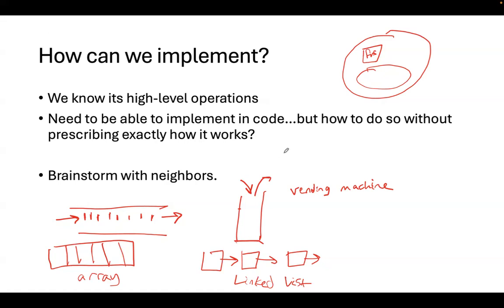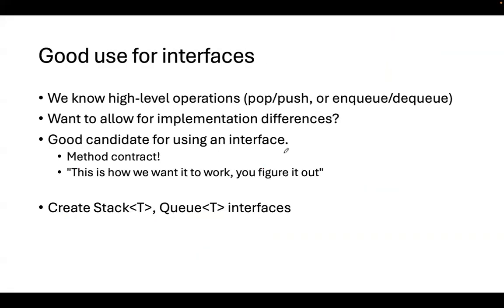I don't want to necessarily prescribe, this is the way that you implement a stack. This is a way that you implement a stack, like using an array or a linked list. So this is where it's a good idea to use interfaces to say, I know what high-level operations I want my stack to have. I know that I want my queue to be able to enqueue and dequeue, but I don't want to prescribe exactly how you're going to store all this information.